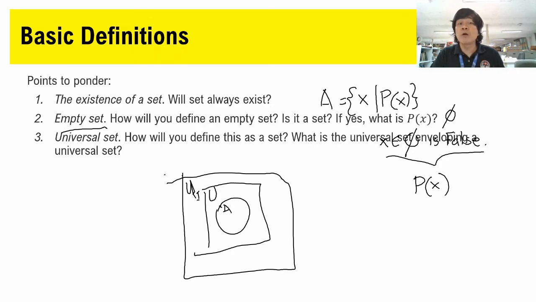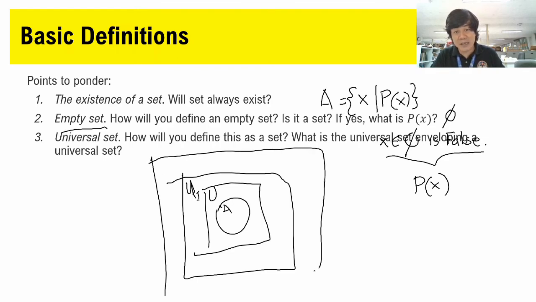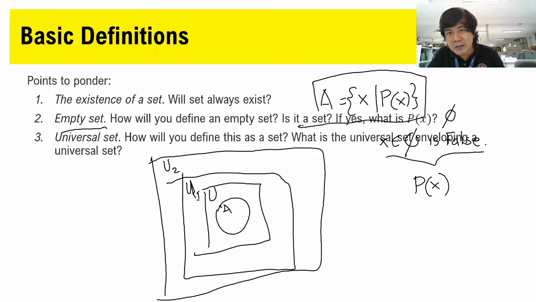How about the universal set of the universal set U sub 1? You might say it must be U sub 2. So if we describe it this way, there might be infinitely many universal sets, each enveloping the other. So it might somehow be confusing if we still make use of this definition of a set.